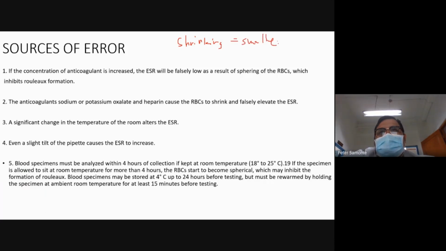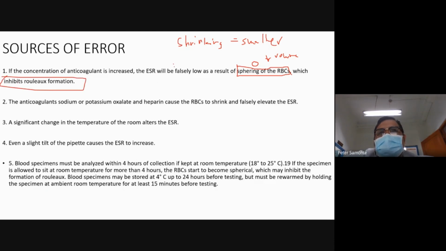But if you would encounter the word spearing of the RBC, as in, hindi naman siya totally nag-shrink to the point na magla-lyse siya, but it would have a decreased volume or surface. So whenever you would encounter the word spearing of your RBCs, that would inhibit rouleau formation.